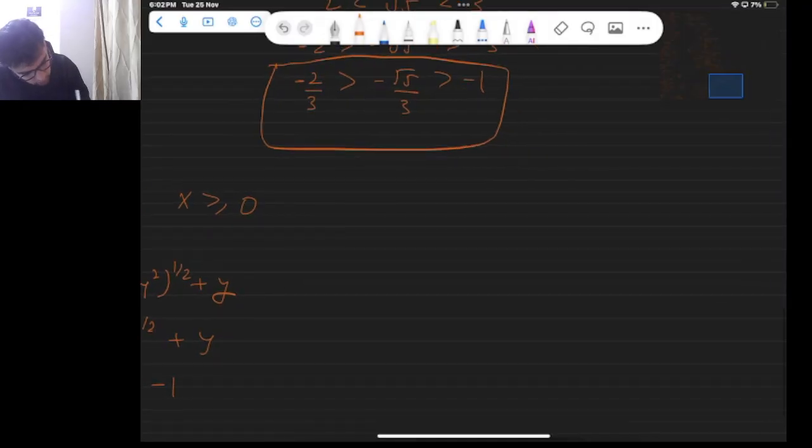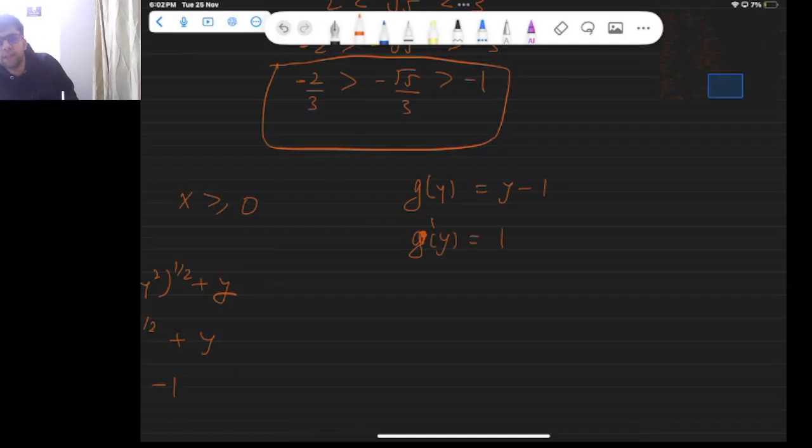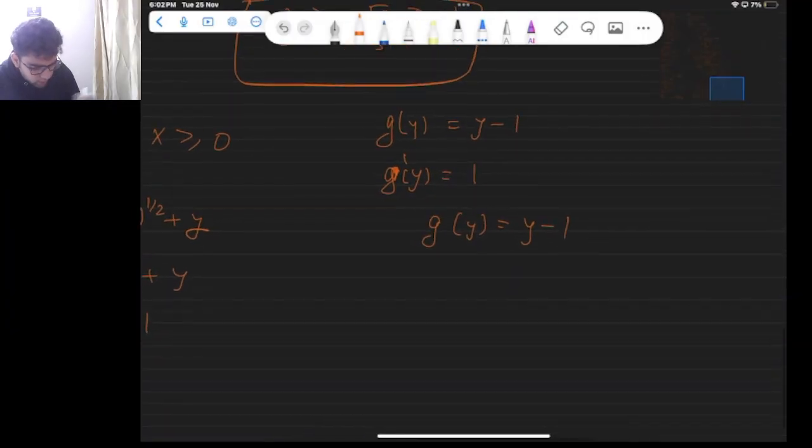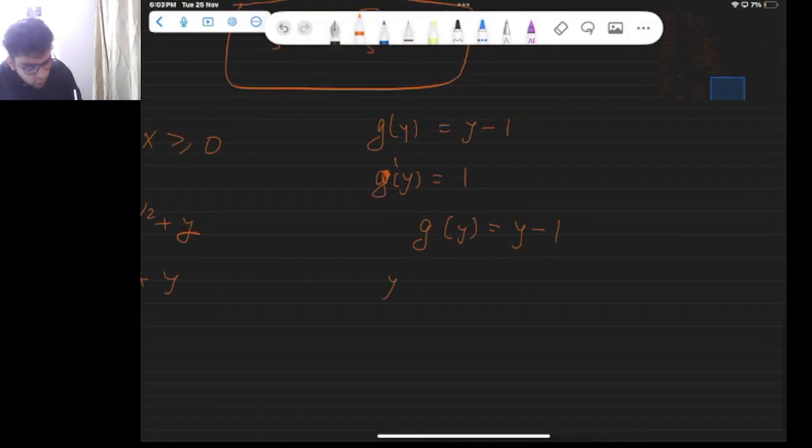Now I'll be solving y minus 1. So g of y is y minus 1. G dash y is 1, so g of y is an increasing function. The least value that y minus 1 can have is when y is the lowest possible value.